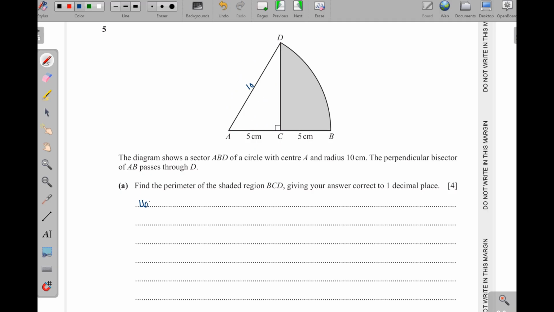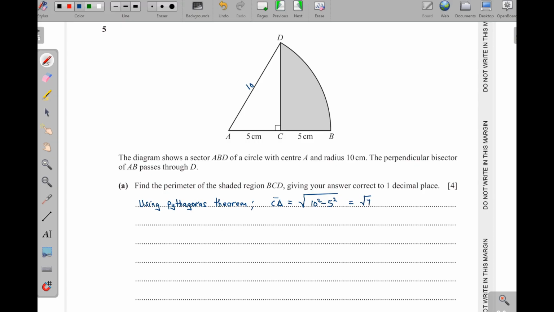So I can say, using Pythagoras theorem, CD, or DC, whichever you want to call it, is going to be equal to the square root of 10 squared minus 5 squared, because this squared plus this squared gives us this squared, right? 100 minus 25 will give us 75.